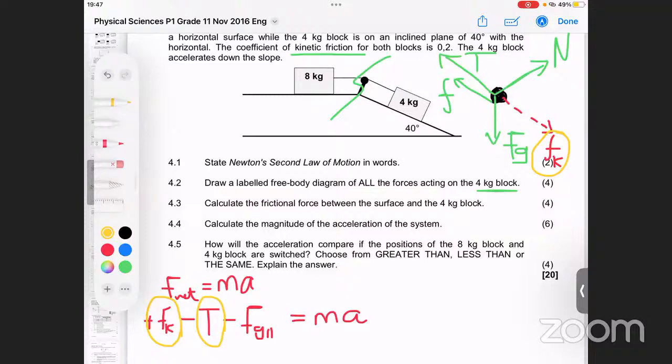I will work it out, but I just want us to discuss this because that's a big mistake. The frictional force will always oppose the direction of the motion. This system is moving in that direction, so the friction can't be in the same direction as the motion.